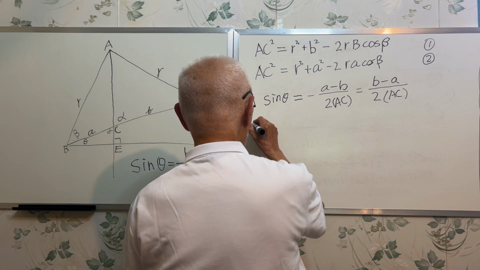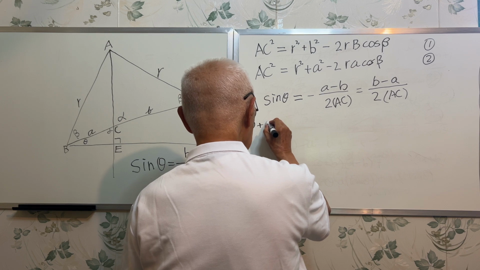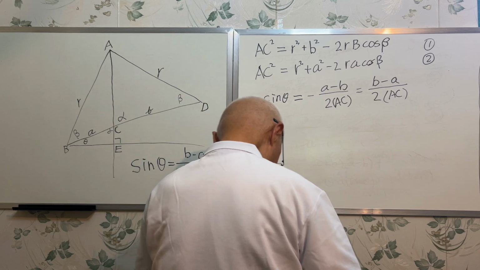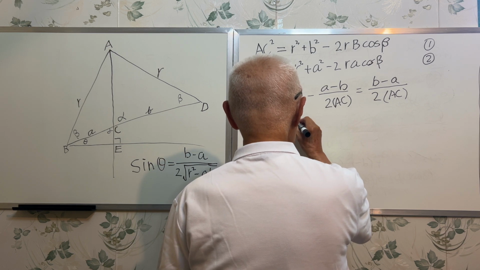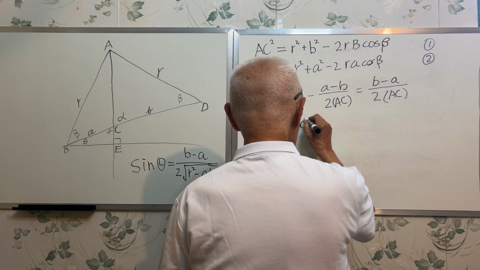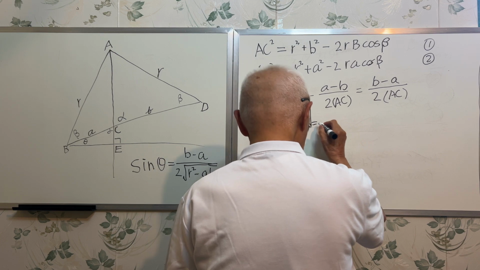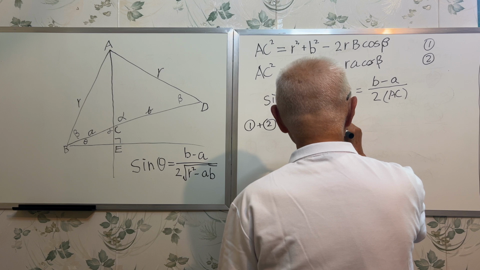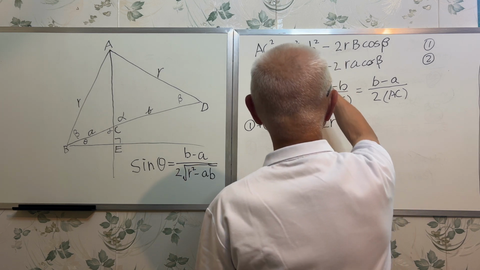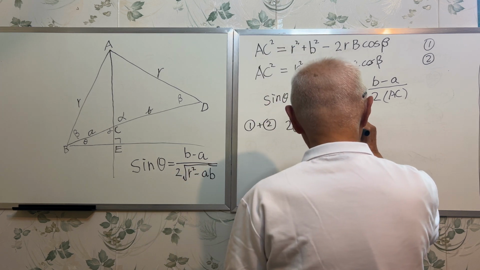So equation 1 plus equation 2. I have 2AC squared is equal to this plus that, this plus that.